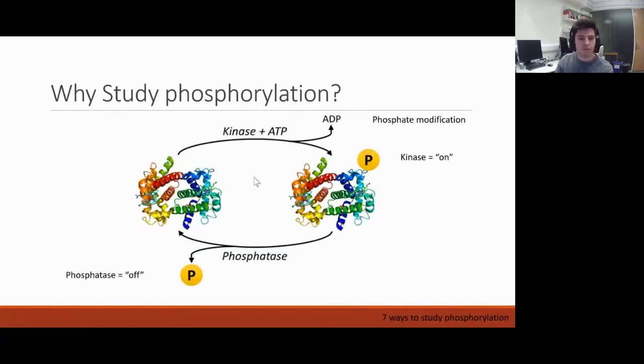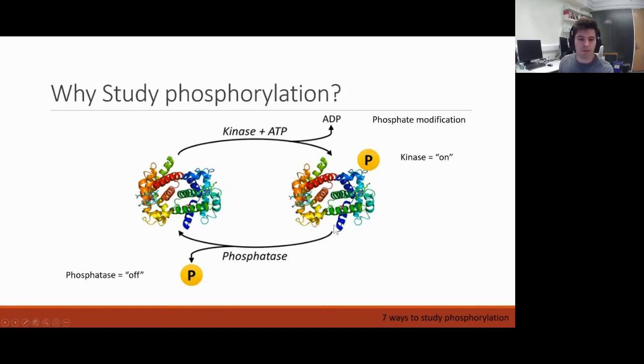So first of all, why study phosphorylation? Well, phosphorylation is a molecular toggle. It allows us to change the function of a protein without completely synthesizing a new protein, by adding a phosphate modification to some of the residues on that protein.